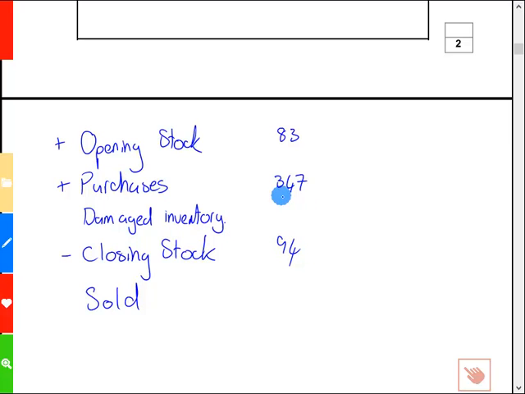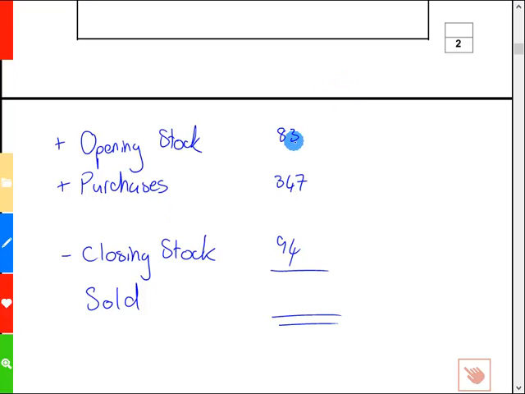And what is the damaged inventory going to do to your cost of sales? It's actually going to reduce the cost of sales. But let's ignore the damaged inventory for now and see what answer we would have got, and then we'll take it from there.